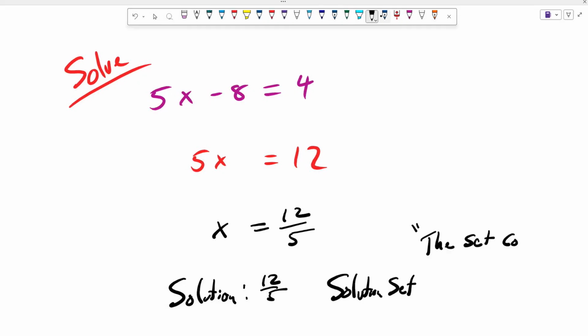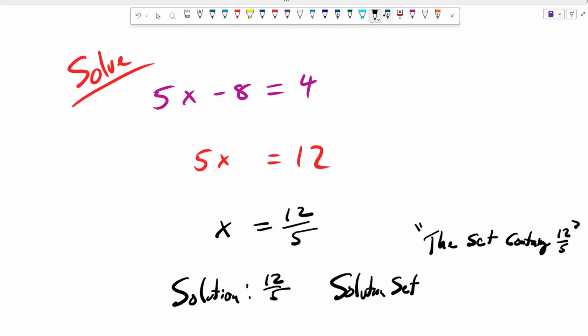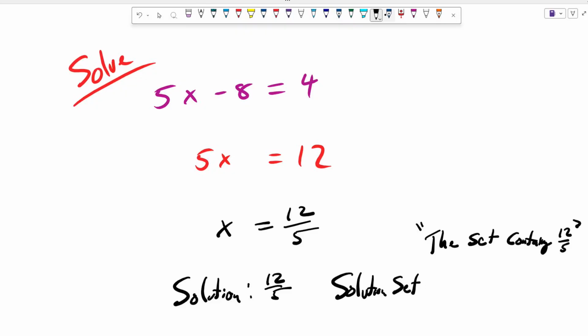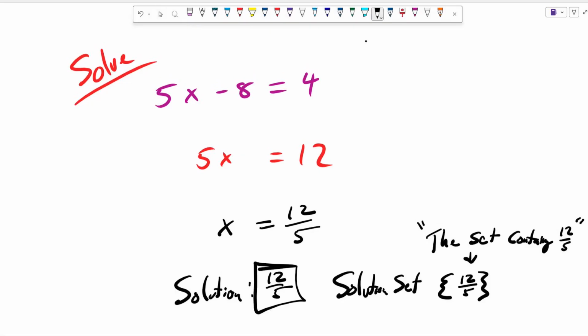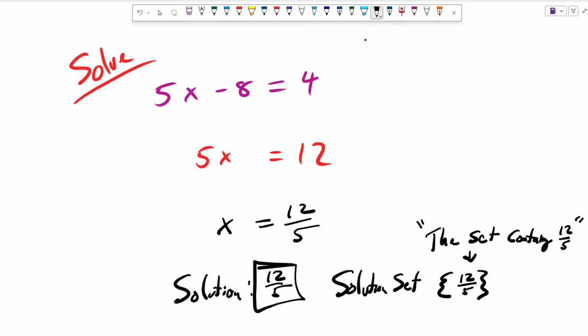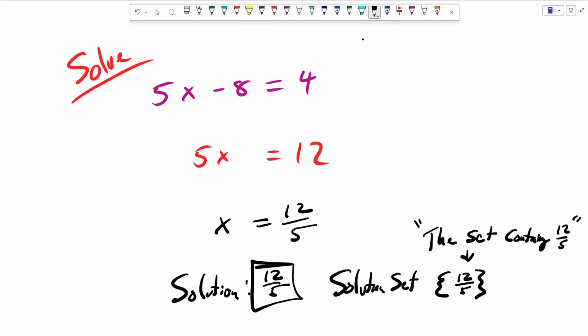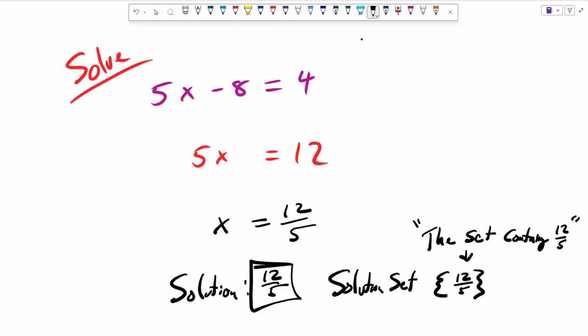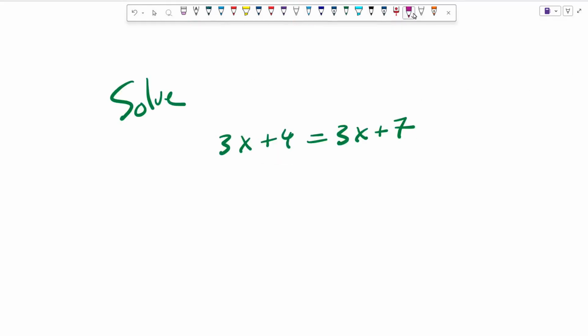The set containing 12/5. When you write it down, it's just curly brackets and you put the number inside. And why is 12/5 the solution? Because when plugged into the variable, it makes the equation true. Why is the number 0 not a solution? Because when you replace the variable, it does not make the equation true.